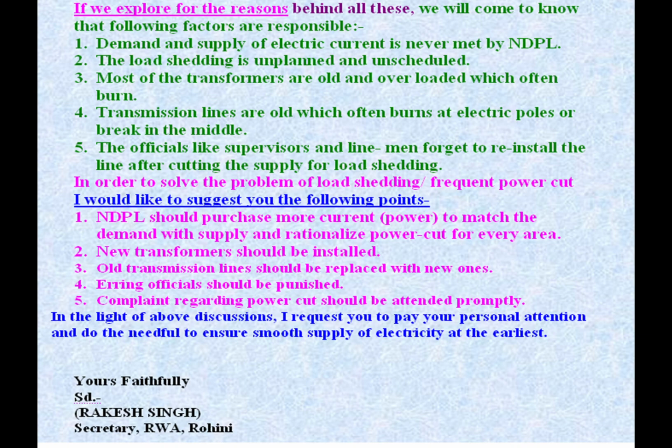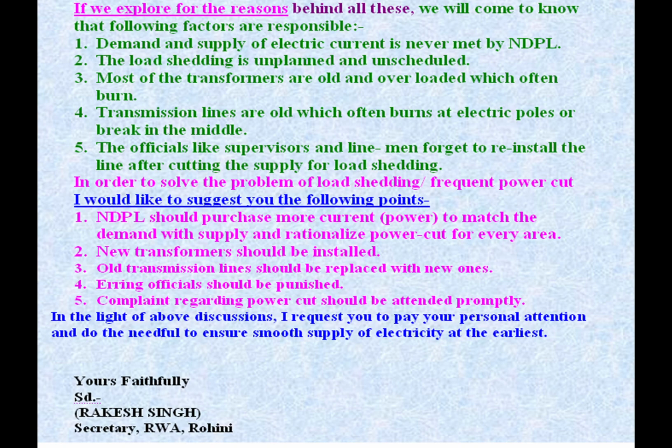Most of the transformers are old and overloaded, which often burn. Transmission lines are old, which often burn at the electric poles or break in the middle. The officials like supervisors and linemen forget to reinstall the line after cutting the supply for load shedding.